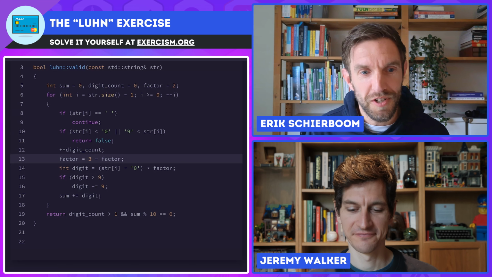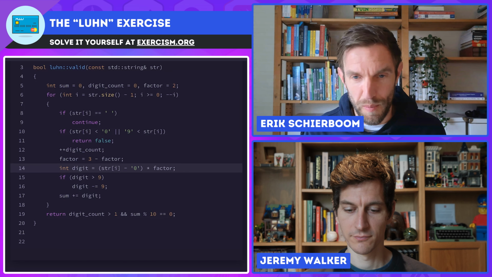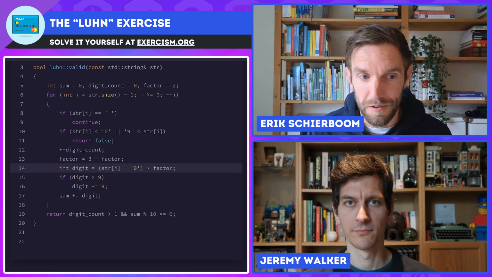Then on line 14 is where we're actually converting the digit, which is a character, so it's not yet a number, to the digit value. You do that via minus '0'. That's also a very convenient way, which many languages support. And then we multiply it by the factor, which, as we just mentioned, is either 1 or 2. So we get the doubling in place.